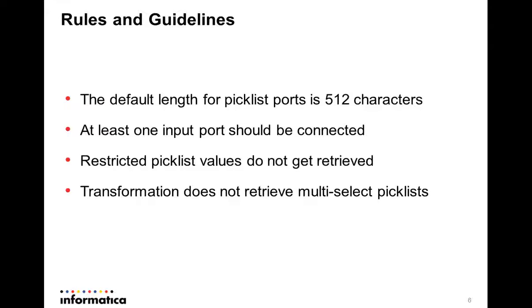So if the length is exceeded for certain PickList ports, this can be altered accordingly, to increase or decrease it to fit the requirement of the existing PickList valid ports.